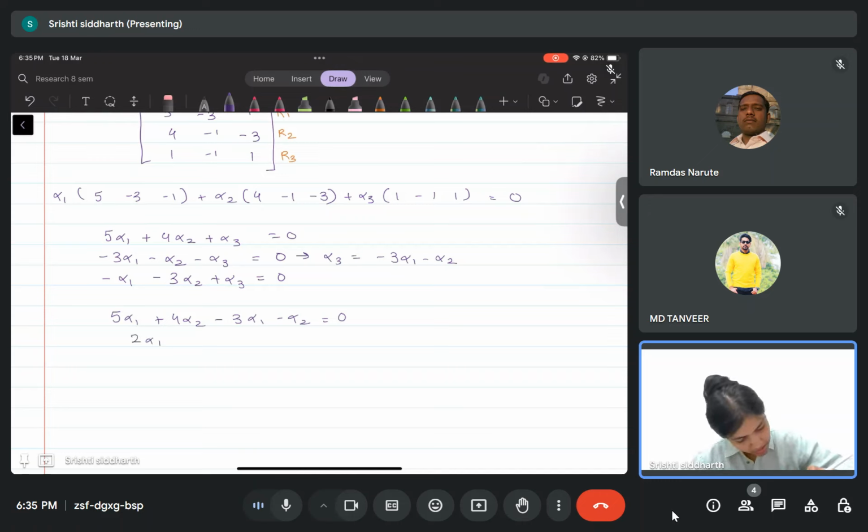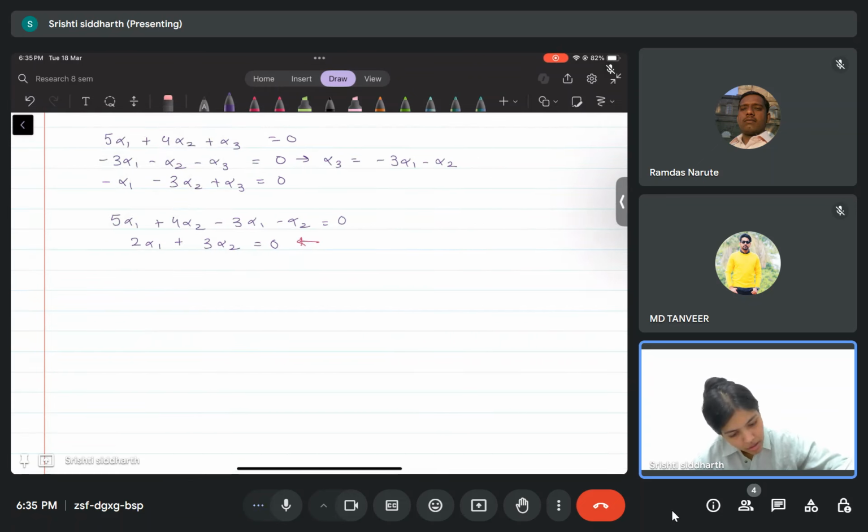Simplifying, 2 alpha 1 plus 3 alpha 2 equals 0. So we have this. And then similarly, we have minus alpha 1 minus 3 alpha 2 minus 3 alpha 1. This is simply that alpha 1 plus alpha 2 equals 0.